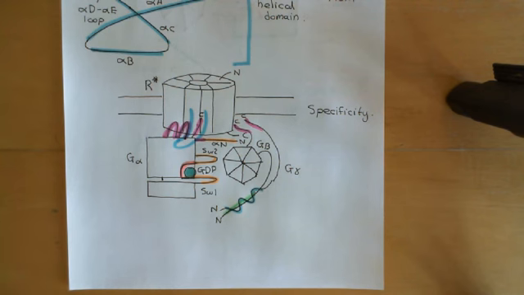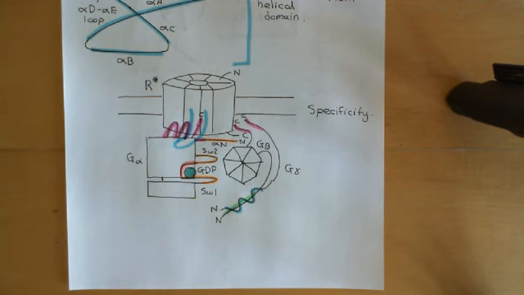Now this is common knowledge. We all know that certain G protein coupled receptors have a certain tendency to activate certain heterotrimeric G proteins. For instance, the beta-2 adrenergic receptor activates mainly GS heterotrimeric G proteins, i.e. G proteins where the alpha subunit is alpha S.